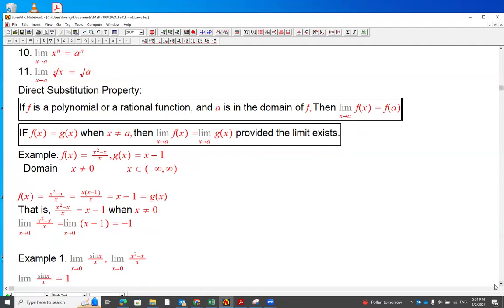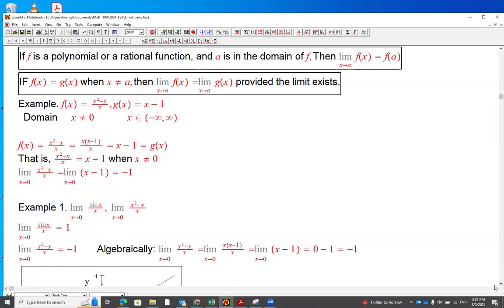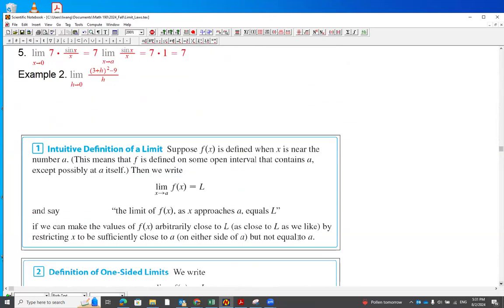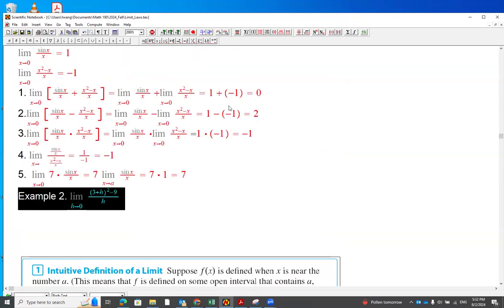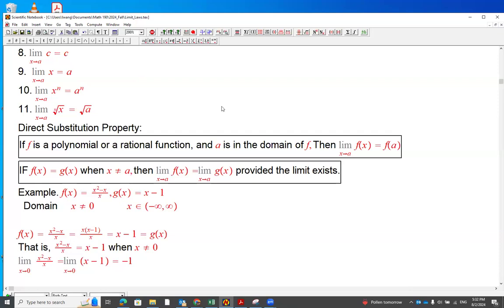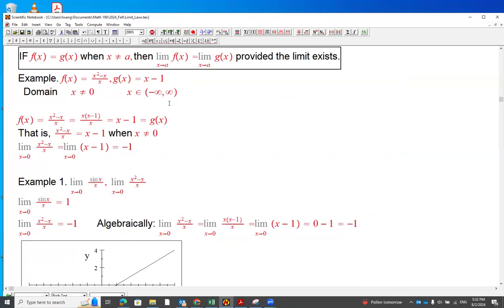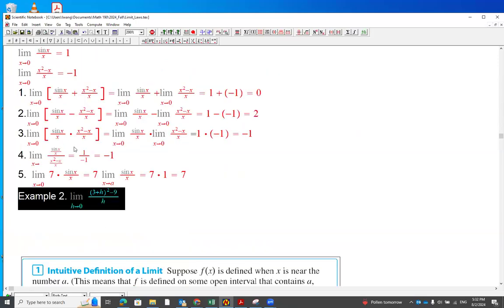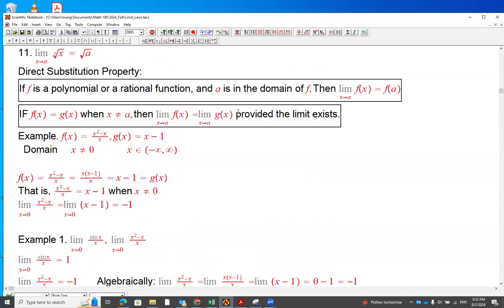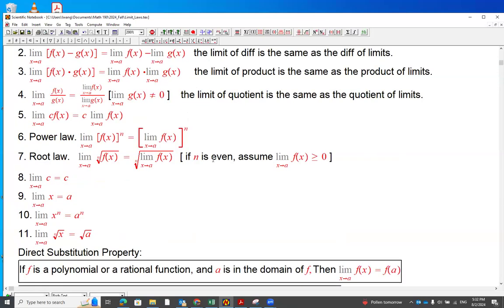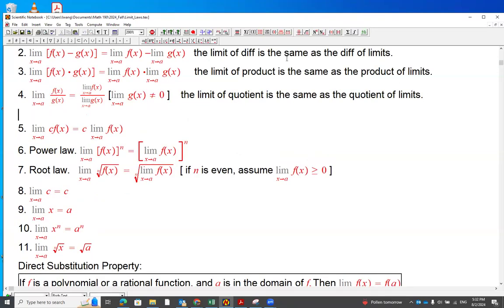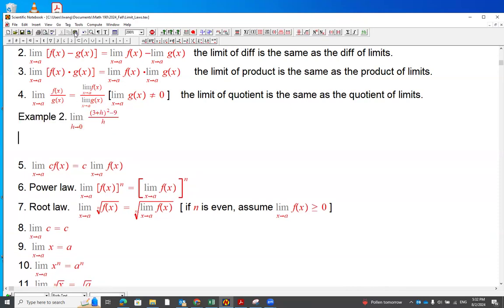Now, we have learned all these limit laws, right? Can we apply the limit law? Say, can we apply the quotient law? The quotient, right? So I'm going to bring this over to the top and put it next to the quotient. Can we apply this quotient law of limit property?